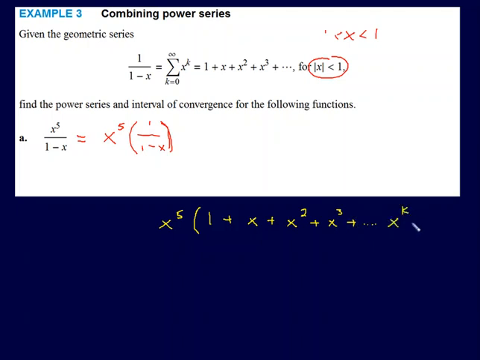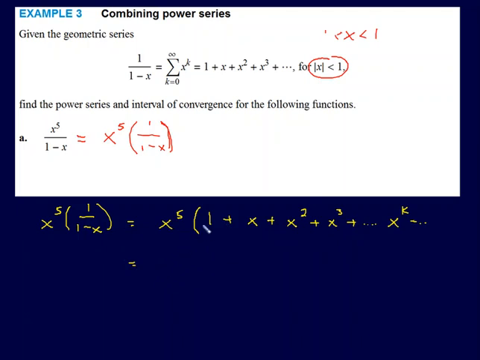Okay, so it's just going to keep going after that, but the general term was x to the k, right? And now, if you imagine that this is just treated like a polynomial and we're multiplying it all times x to the 5th, then I'm going to write out what we're trying to build here. And the part we're substituting for, this 1 over 1 minus x, is going to be changed to this polynomial. But now, let's just distribute out this x to the 5.